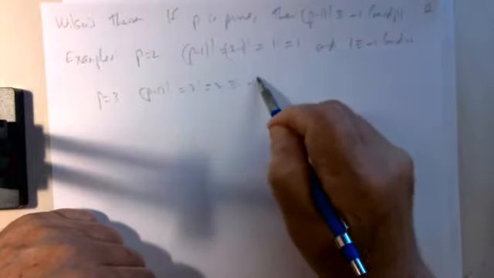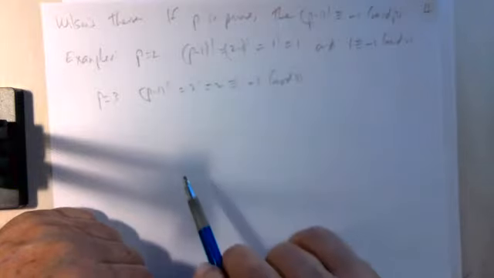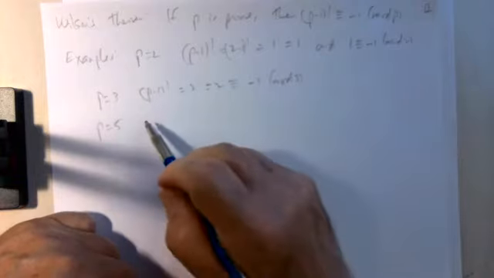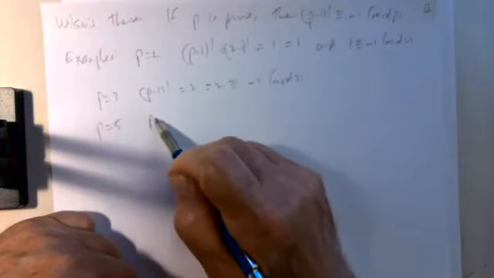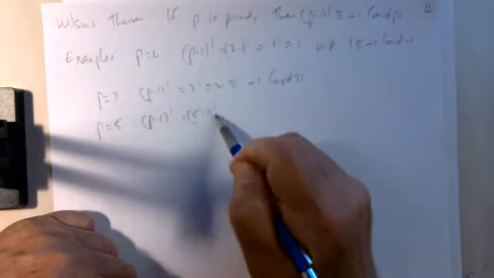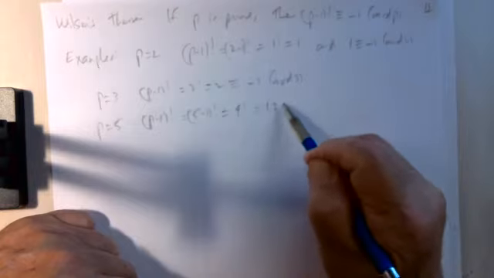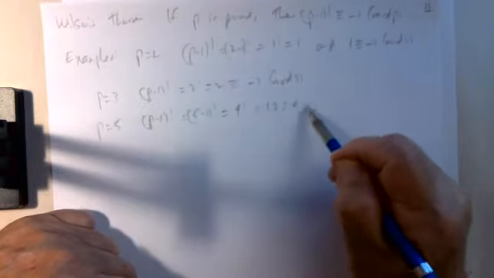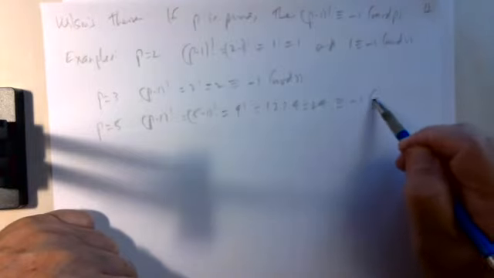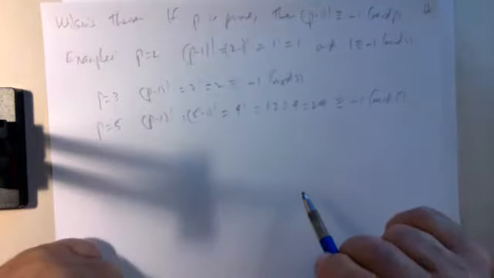And 2 is congruent to minus 1 mod 3, because 3 divides 3. If P equals 5, P minus 1 factorial is 4 factorial, that's 1 times 2 times 3 times 4, that's 24. And 24 is congruent to minus 1 mod 5, because 5 divides 25.